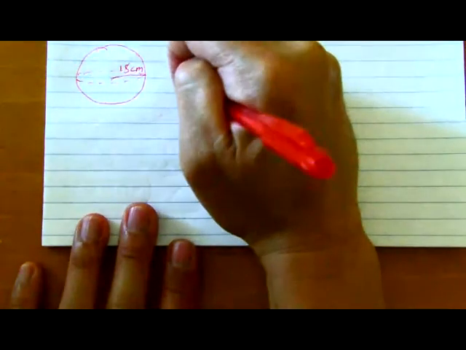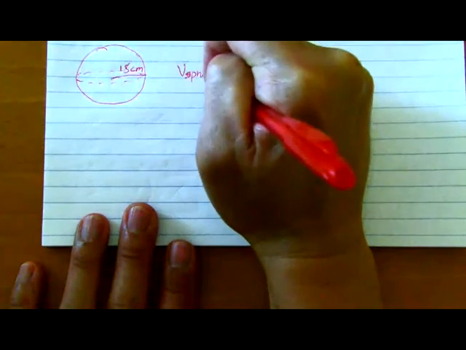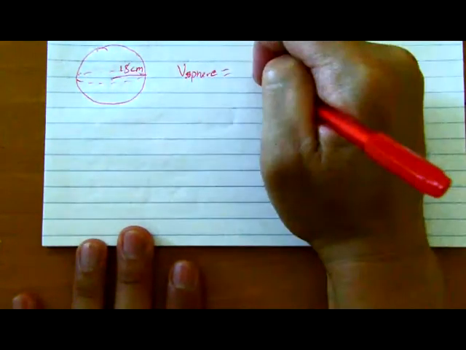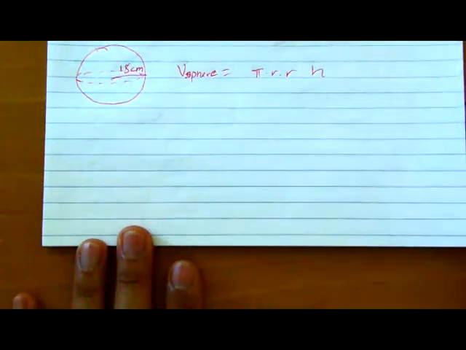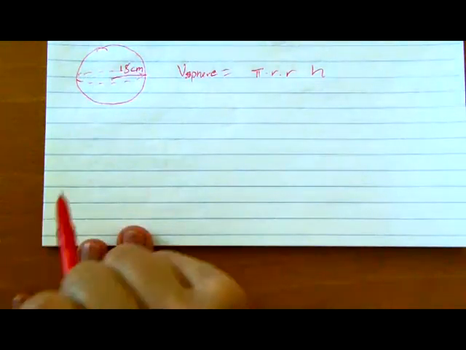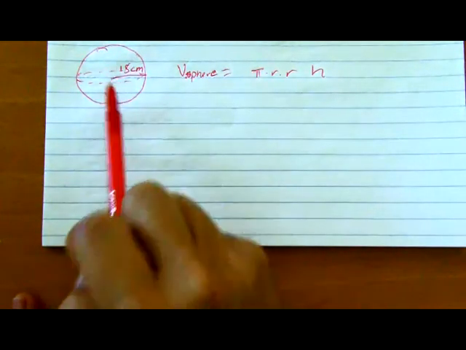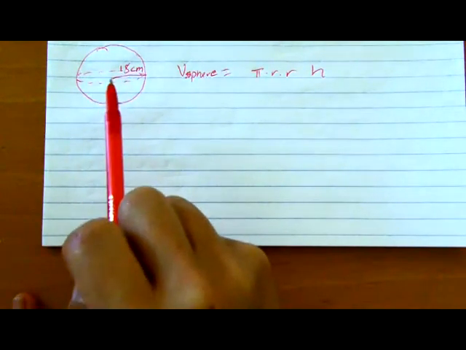Volume of a sphere. Okay, so we treat it like a cylinder. Pi times radius times the height. When we did the water experiment in class, this will fill 2/3 of a cylinder that has the same dimensions.